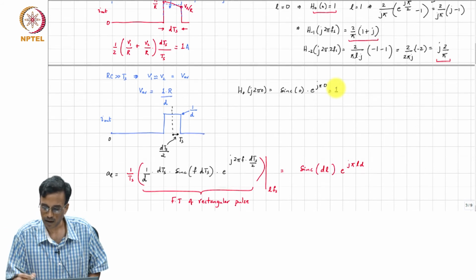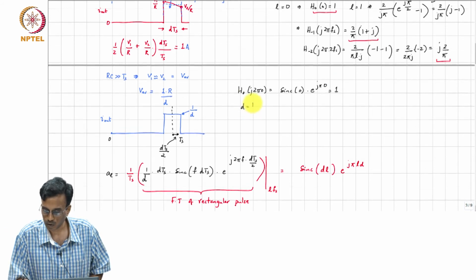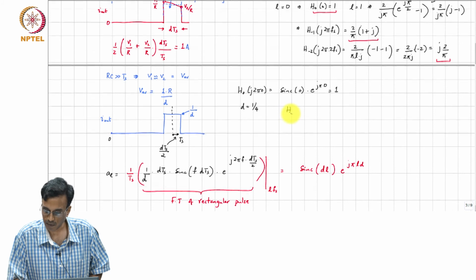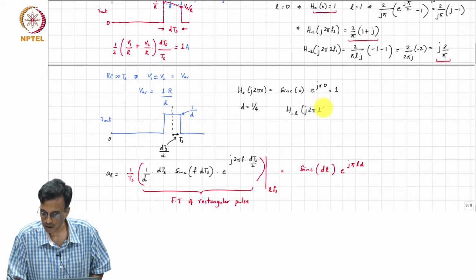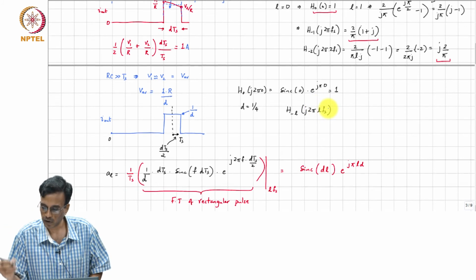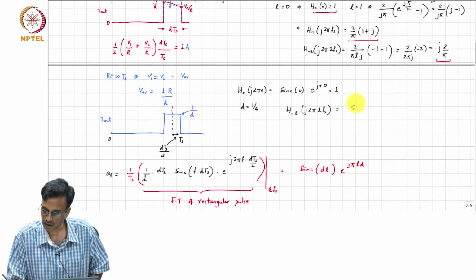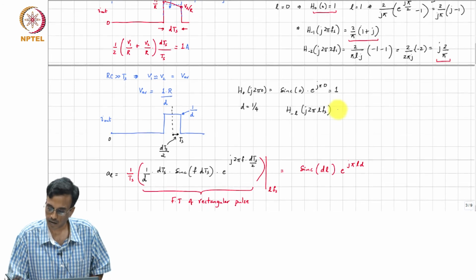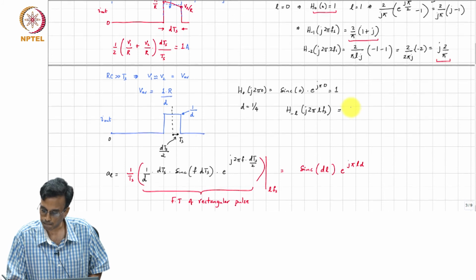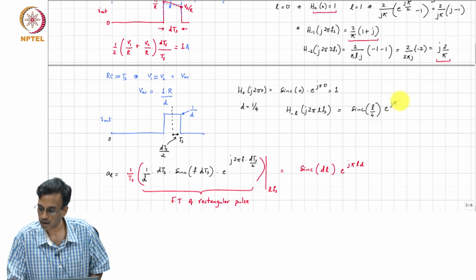And so, we can verify with d equal to a quarter. H sub minus L of j 2 pi L Fs is nothing but sinc of L by 4 times e to the j pi L by 4.